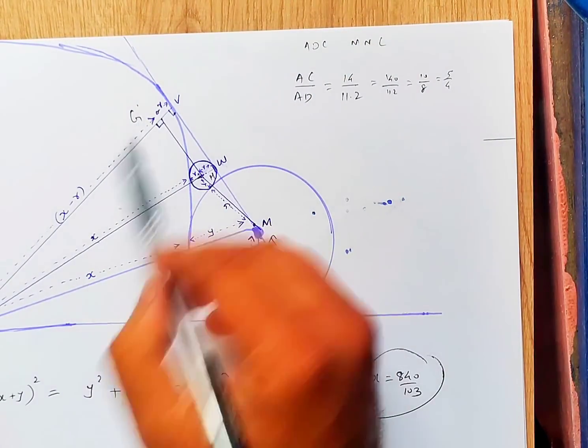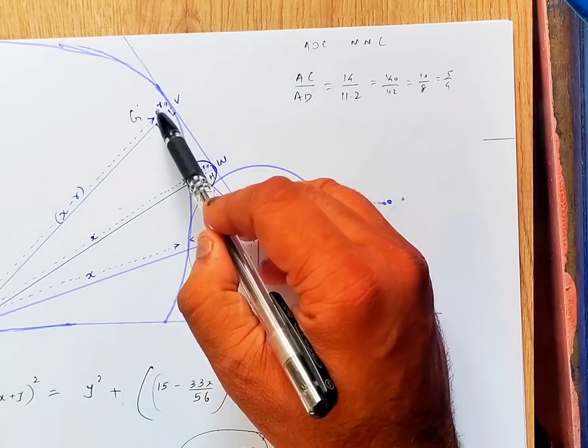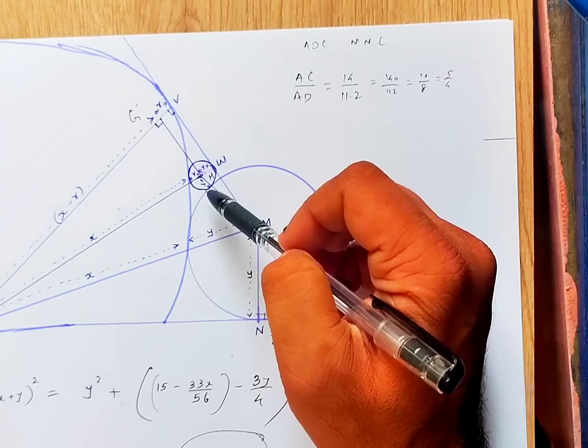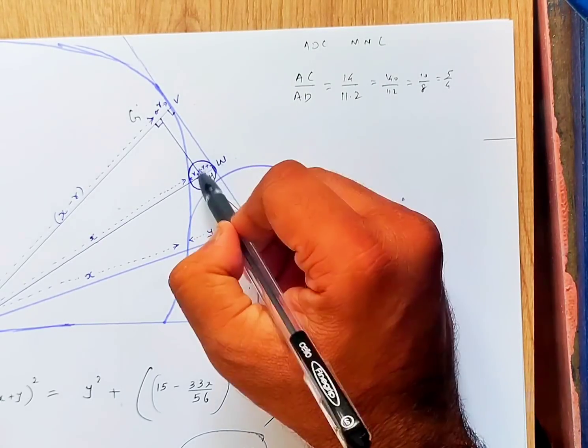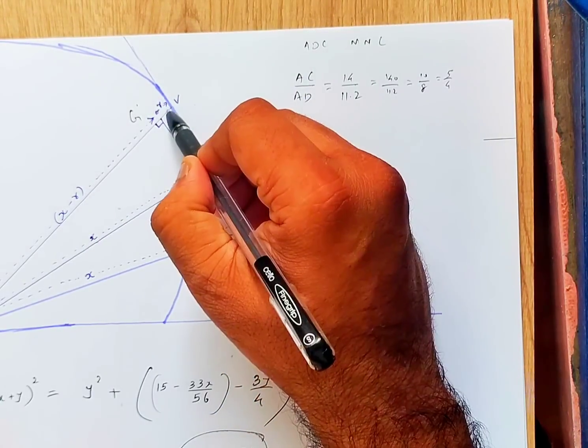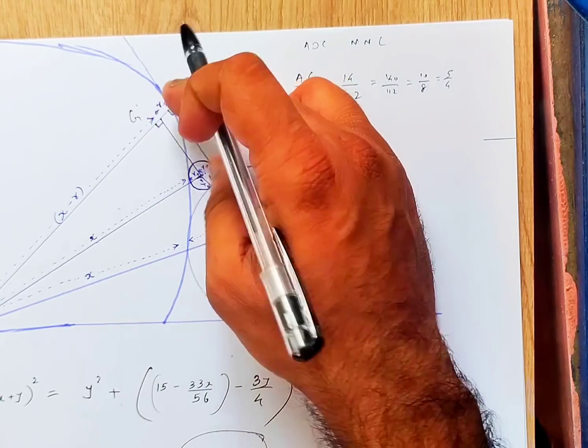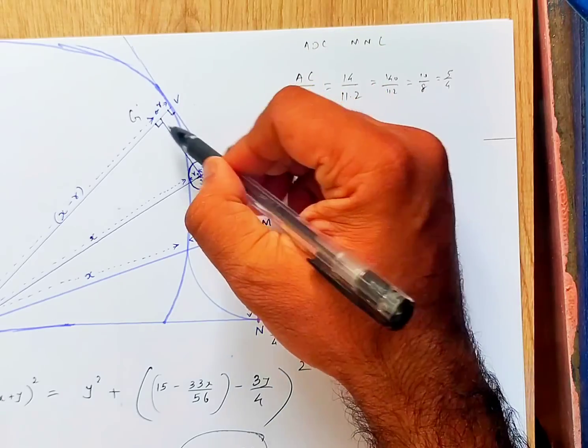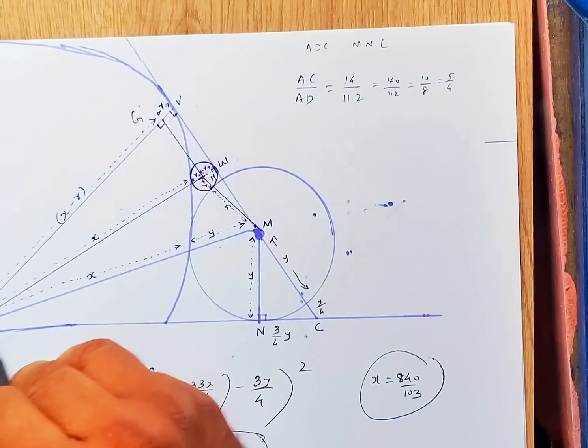So in this triangle EGH, EG is the height, GH or VW, because it is inline. As you can see, this is perpendicular and this is perpendicular, inline. So this is nothing but VW. Alright. So this is the base and this is the hypotenuse.